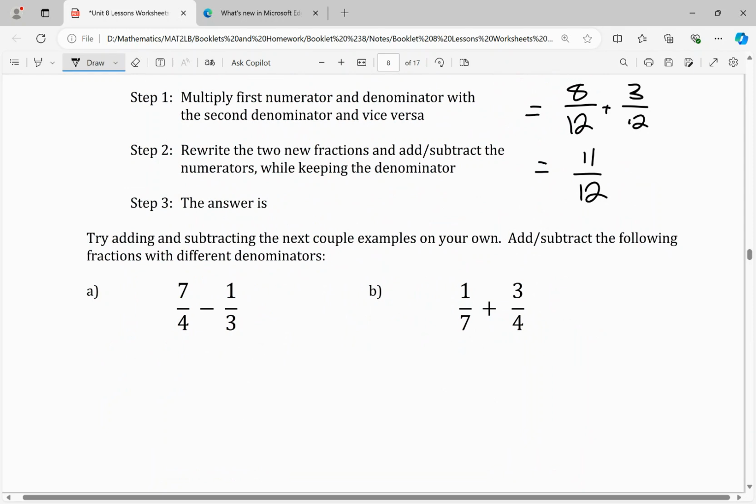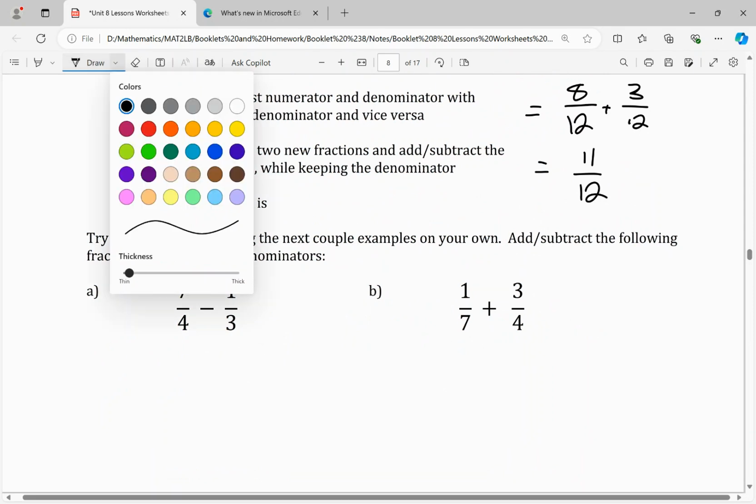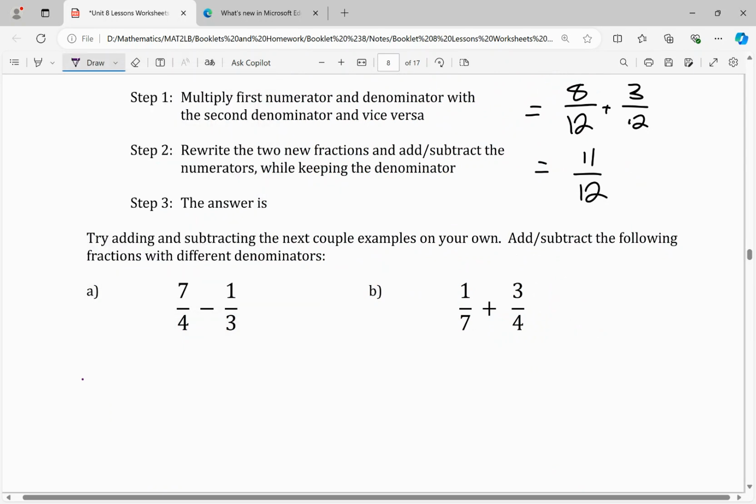I'm going to try solving these all in one go. So I'm going to multiply the 7 and the 4 by the second denominator, which is 3. I'm going to multiply the 1 and the 3 by the first denominator, which is 4.